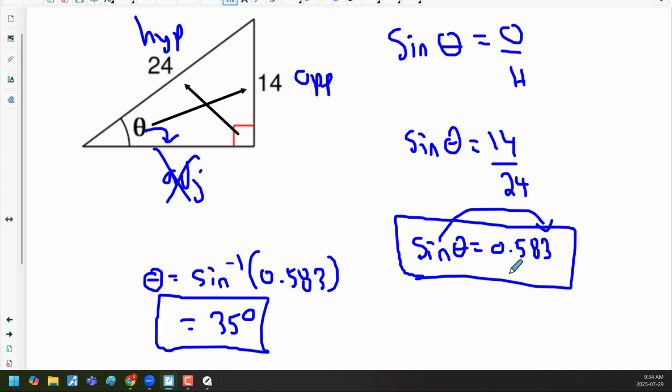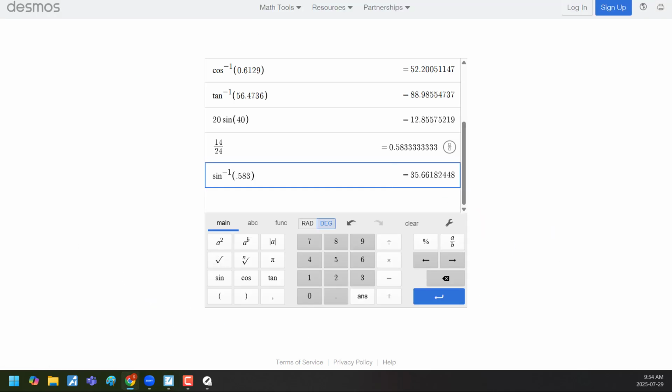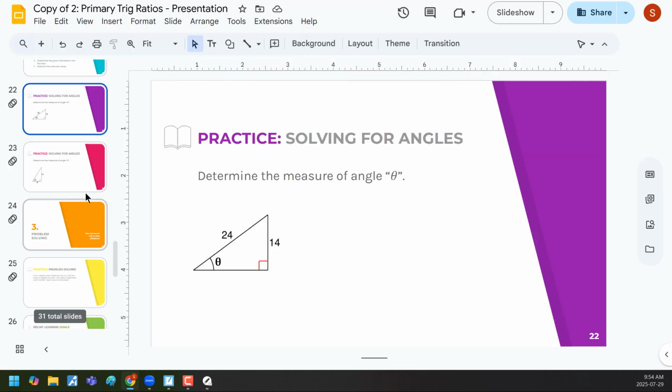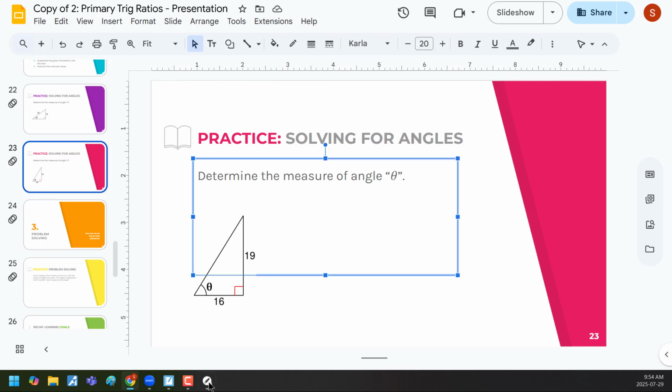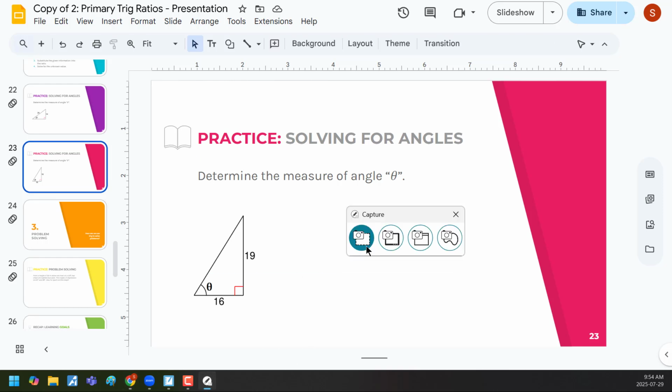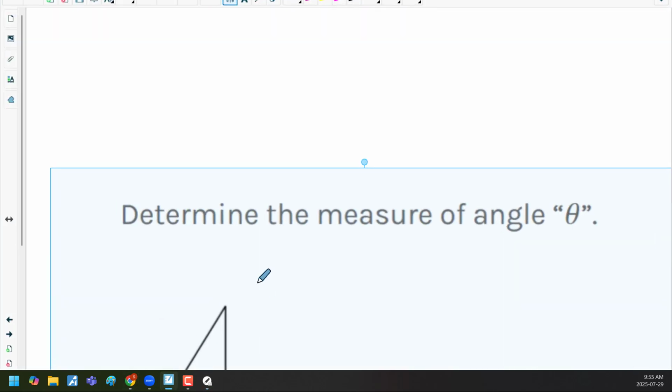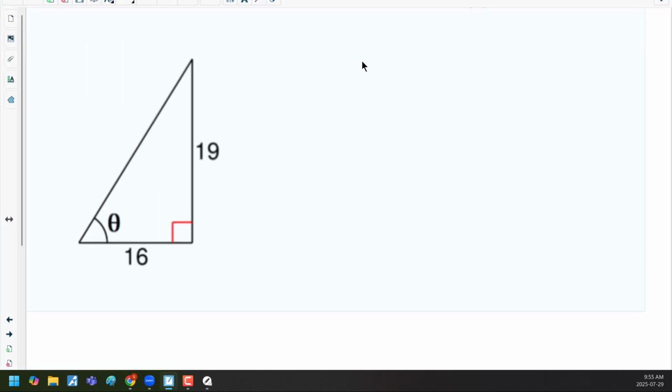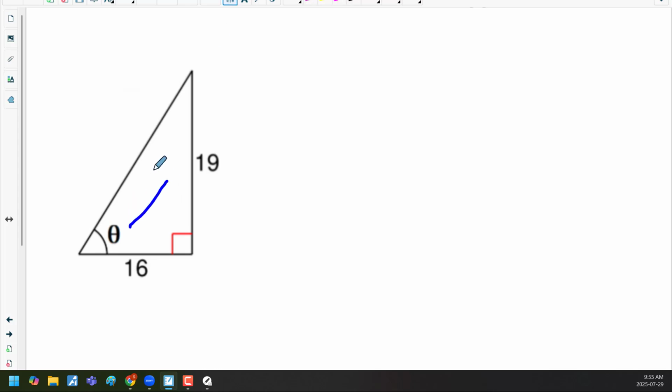Hopefully that makes sense. I'm going to do one more example. This is this one here. So here we're going to find angle theta again, except this time we have our opposite here, our hypotenuse is here, and this is adjacent.